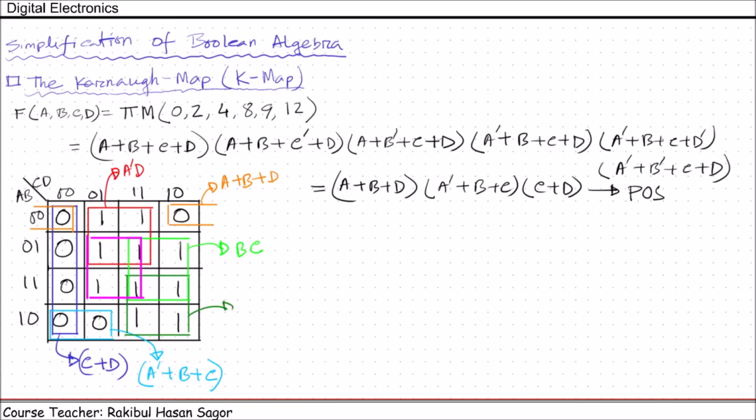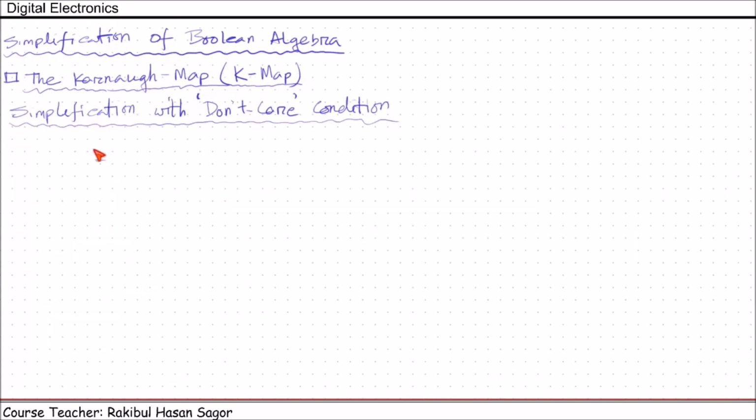Name of this box is AC. Finally, name of this box is BD. So the simplified version of this function in SOP form becomes A prime D plus BC plus BD plus AC. This is in SOP form.